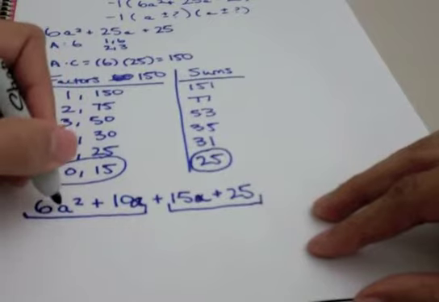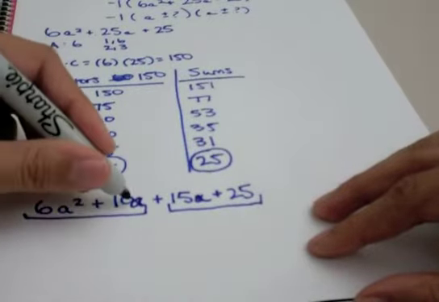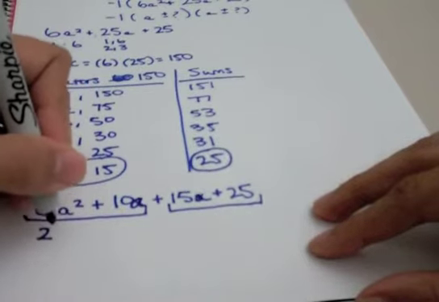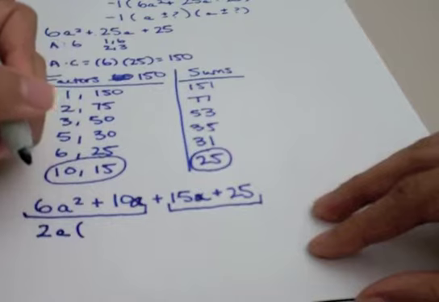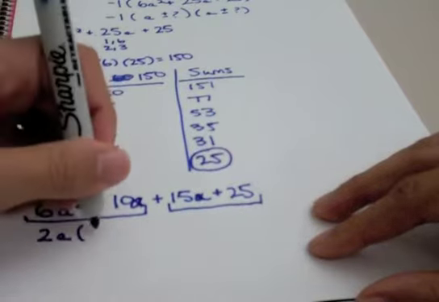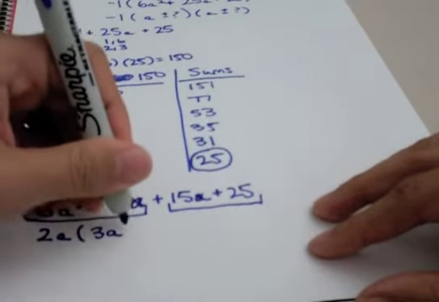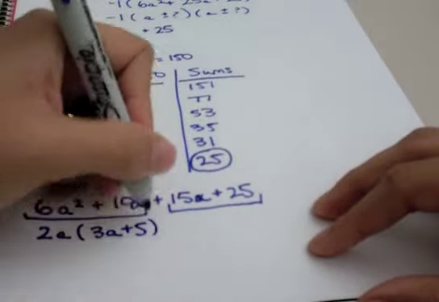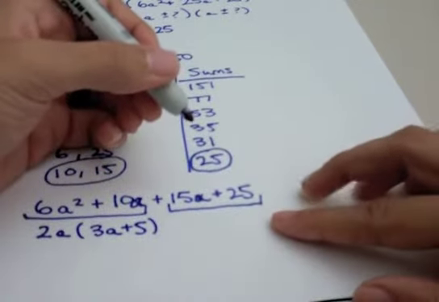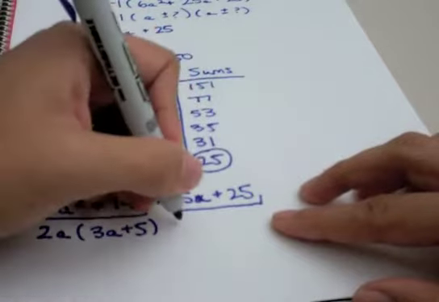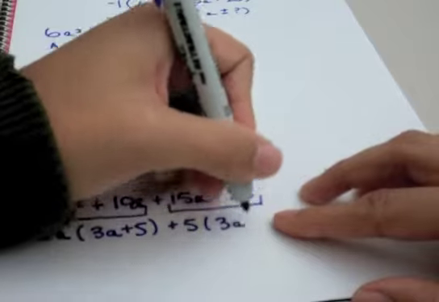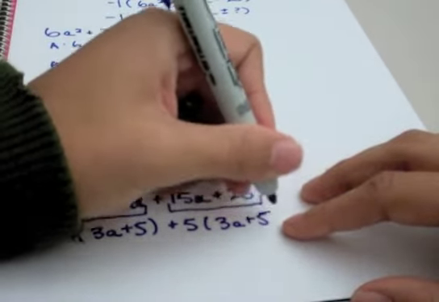So we have 6a squared and 10a, so we can factor out a 2a, and we'll get 3a plus 5. And over here we can factor out a 5, so we'll get 3a plus 5 again.